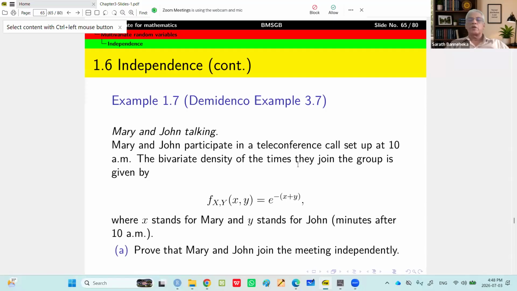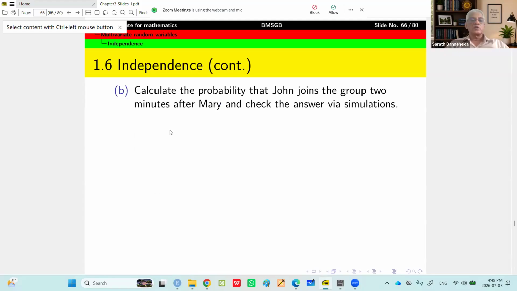So in order to prove that, we have to show that the joint density given by this expression is equal to the product of the marginal densities of X and Y respectively. And then it asks us to calculate the probability that John joins the group 2 minutes after Mary and check the answer via simulation. So first we have to calculate the probability theoretically and then check the answer via simulations.